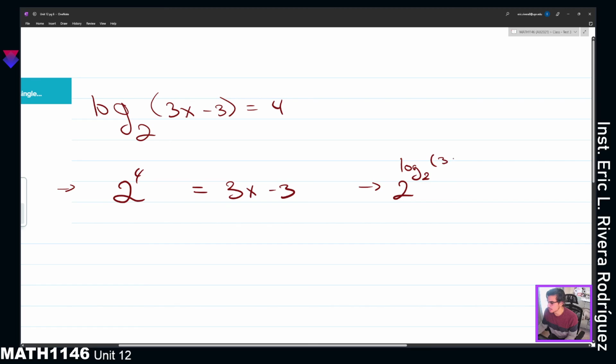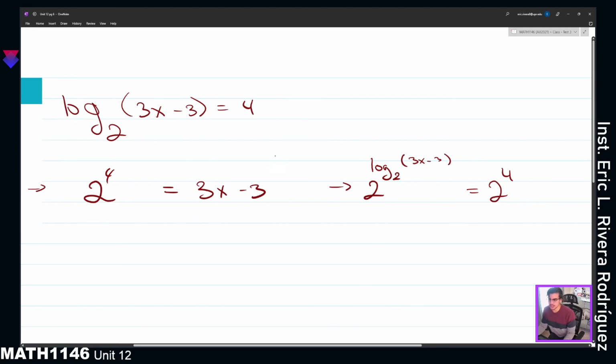So this is going to be 3x minus 3 equals 2 raised to the power 4. On the left side, I just answer the question: what is the power of 2 that gives 3x minus 3?